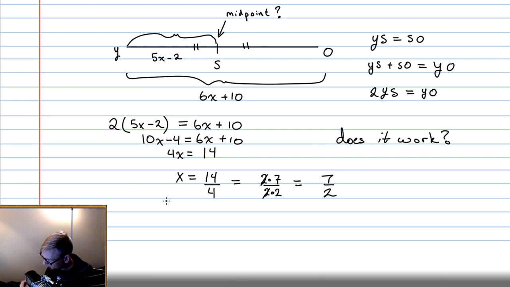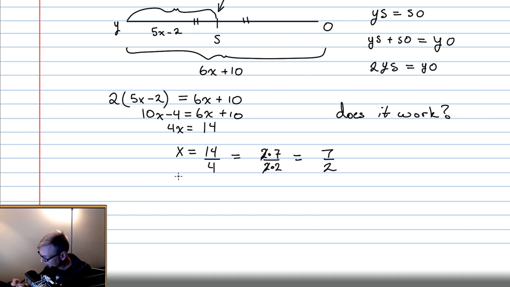So let's plug in 7 over 2. If half of the line segment is 5 times 7 over 2 minus 2, does this number times 2 equal 6x plus 10?